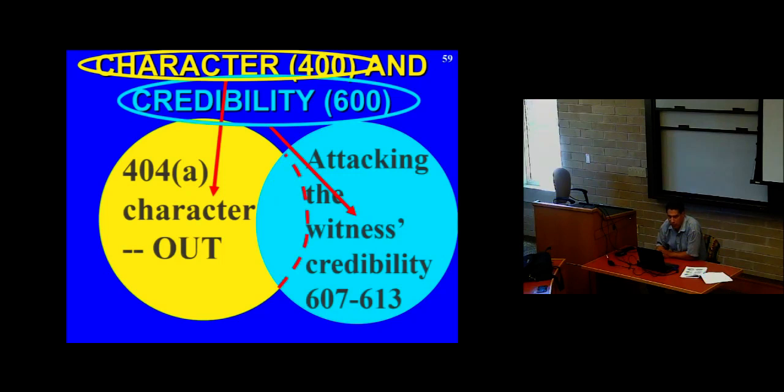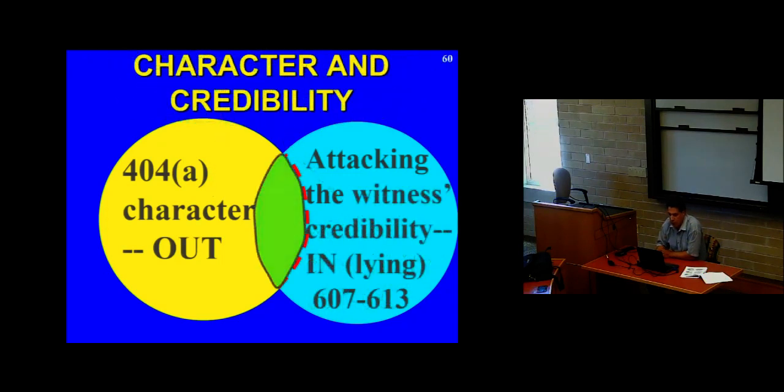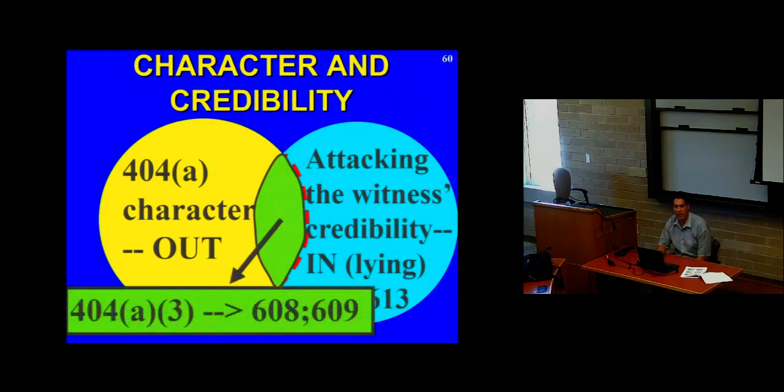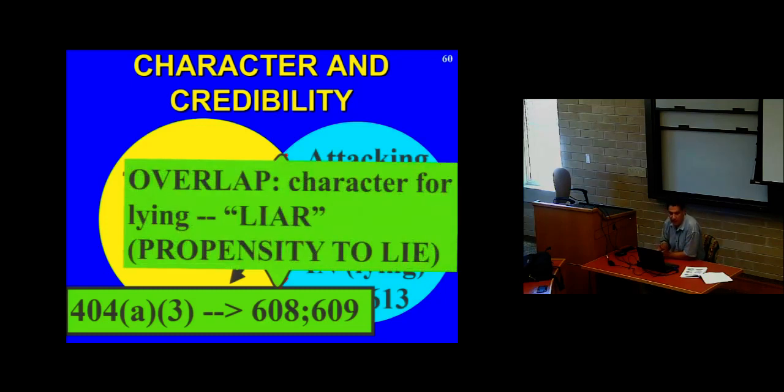But what about the overlap between character and credibility, where we're saying, does this person have the status of being a liar? This goes to Rule 404(a)(3), which refers us to Rule 608 and 609. And that overlap is the character for lying, that is, a liar or a propensity to lie.